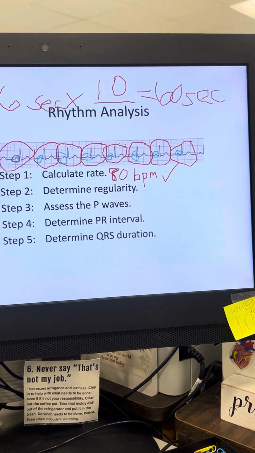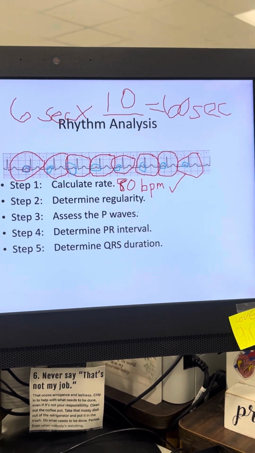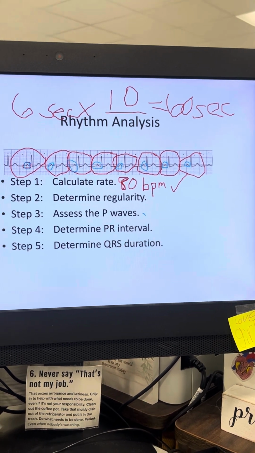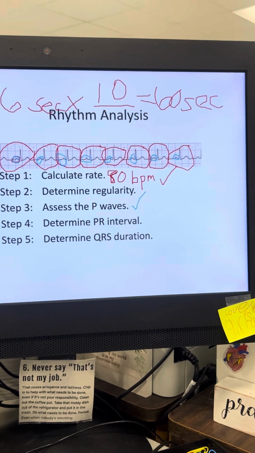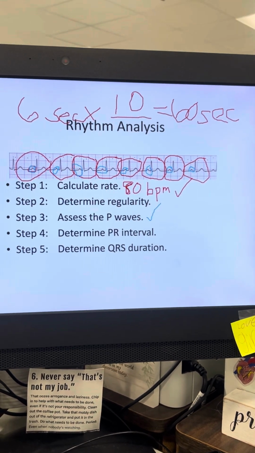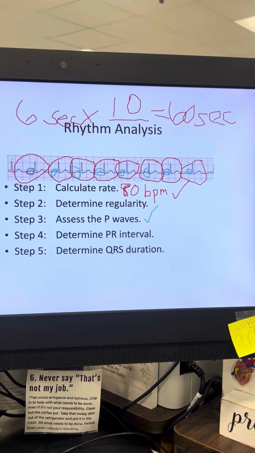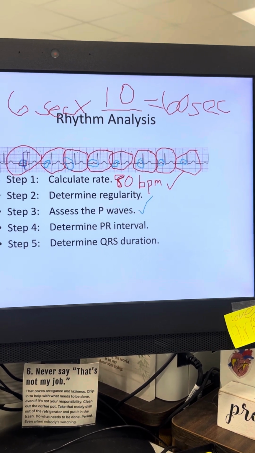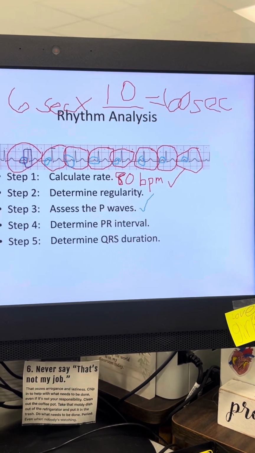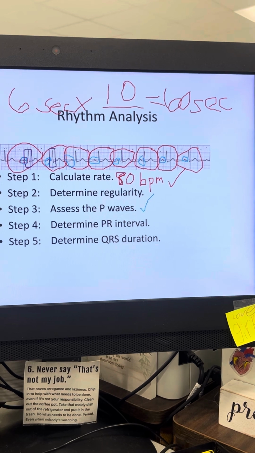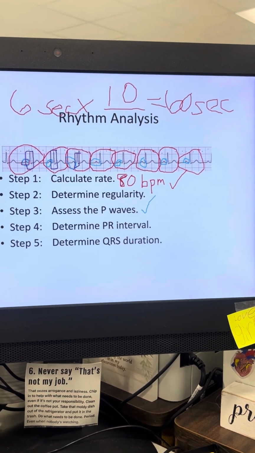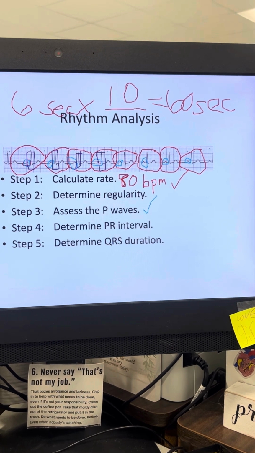So are my P waves regular? Yes. Are they positively deflected? Yes. Are they in front of a QRS every time? Yes. Check. Okay. Now we are going to look at the QRS, okay? And if you remember, I'm going to draw a box around my QRS. QRS complex represents ventricular depolarization. And remember, atrial depolarization happens here, but you just can't see it, okay?